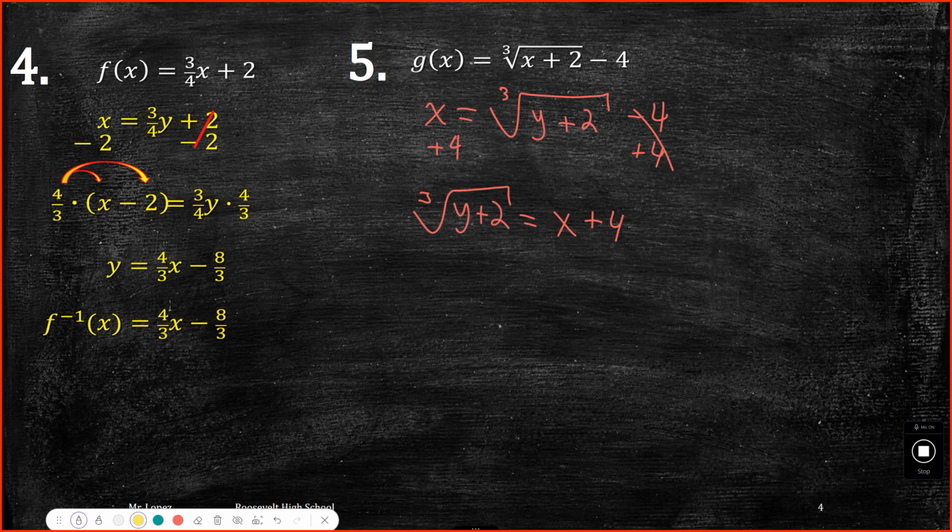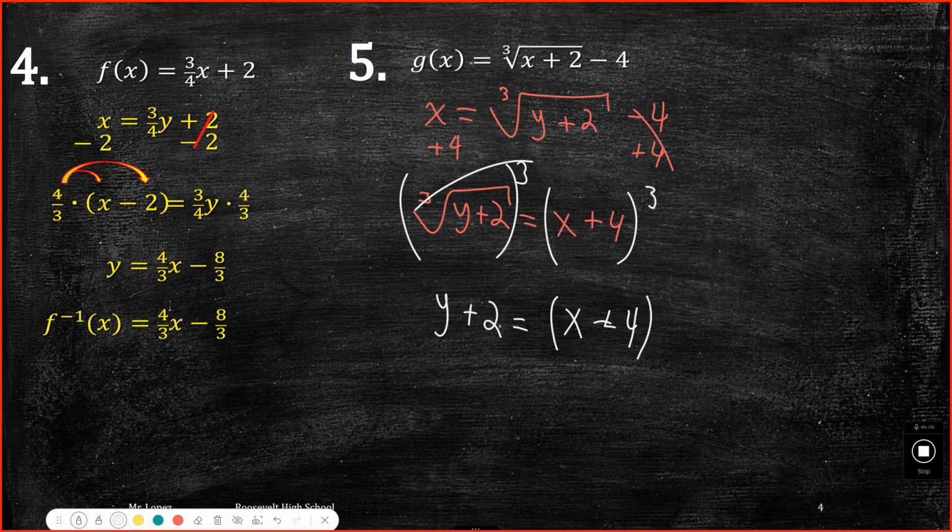Next, what's the next step in getting y by itself? We're going to hold it and what? Cube it. Hold it and cube it. Cancel that. Y plus 2 equals x plus 4 to the third.